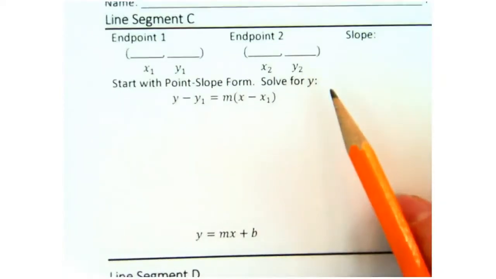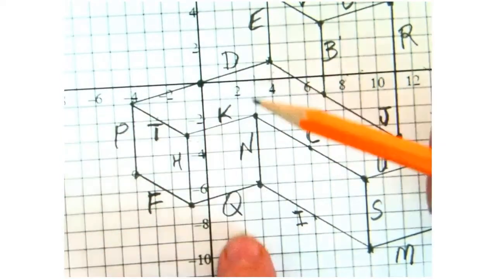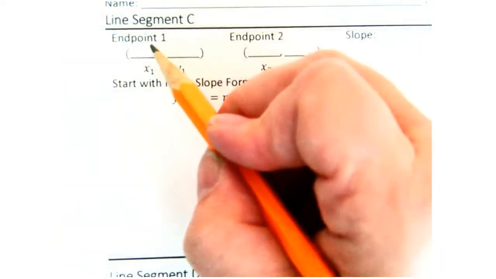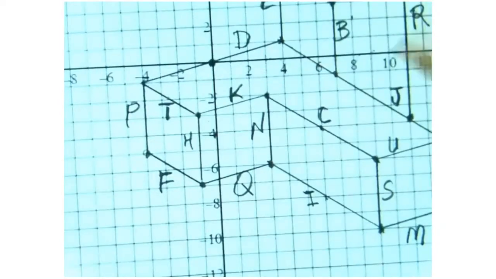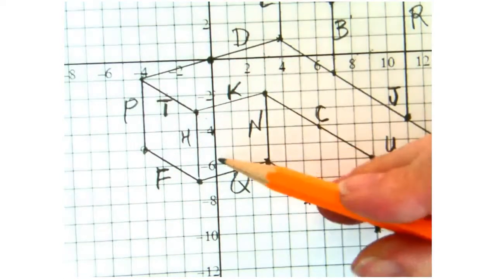Now line C. Find the endpoints and the slope. The endpoints are (3, -2) and (9, 6).